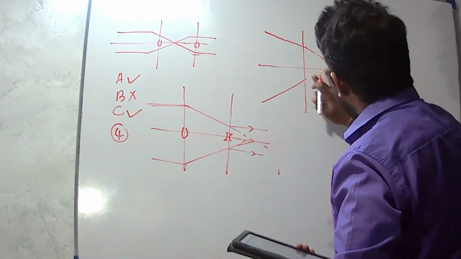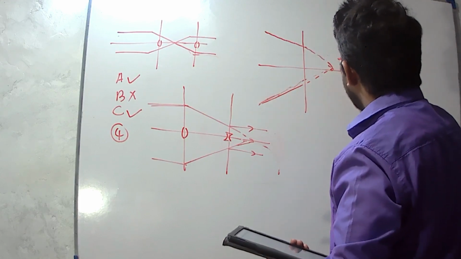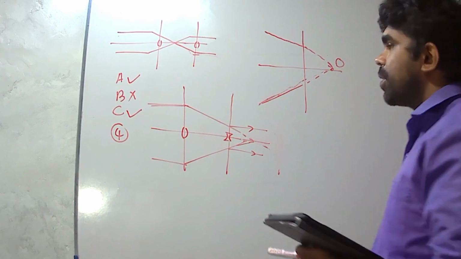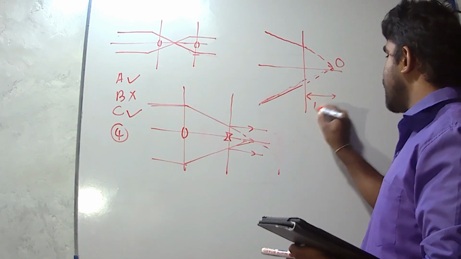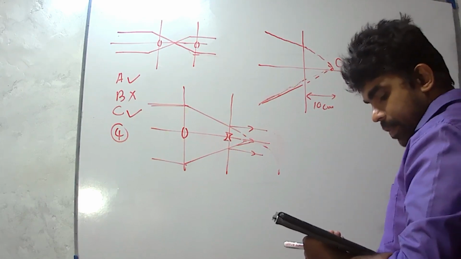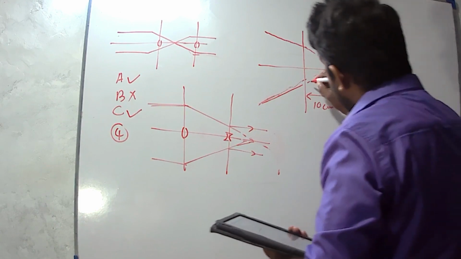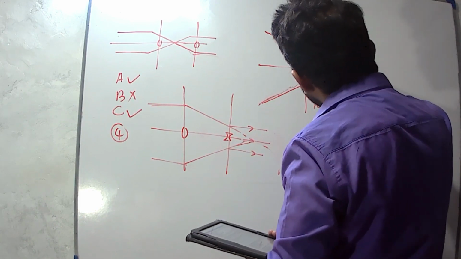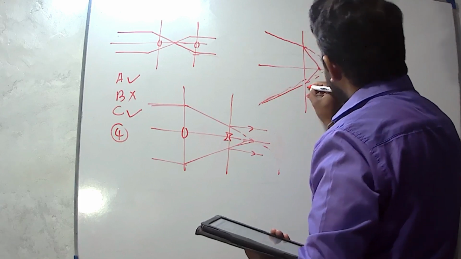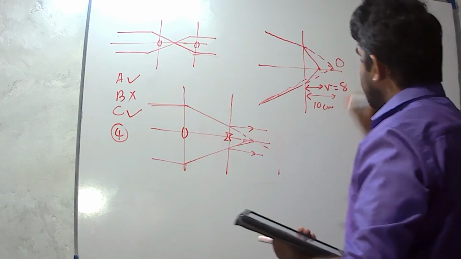We can consider that there is a virtual object at this place. It is 10 centimeters. But it actually converges to a point 8 centimeters behind it. It means we can consider object distance should be 8.